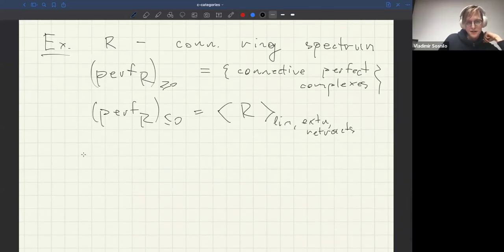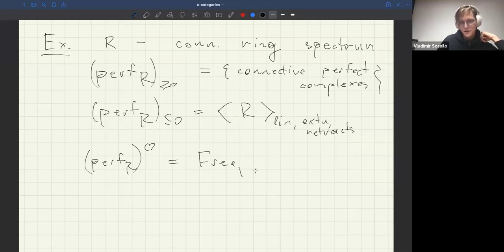And then the heart, in this case, is the category of projective modules over R. It consists of things that are retracts of a free R module.